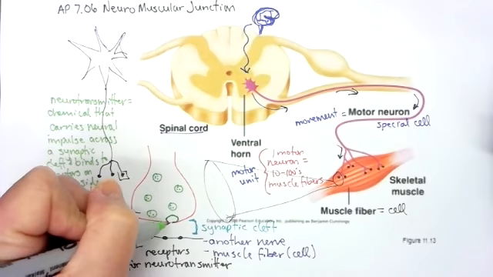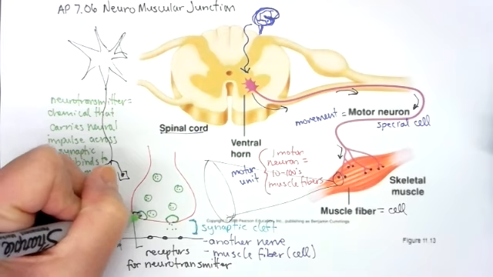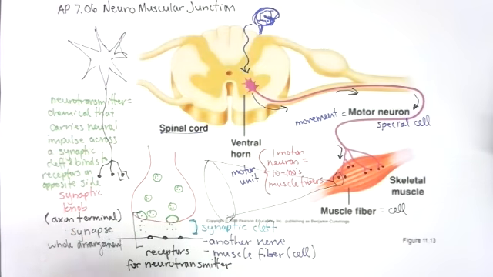They'll fuse with the membrane and they'll release their neurotransmitter into the gap. So maybe this guy comes down and fuses and releases his stuff in the gap. And then the neurotransmitter travels across the gap and binds to receptors on the other side. So those are the general things that we're going to talk about.